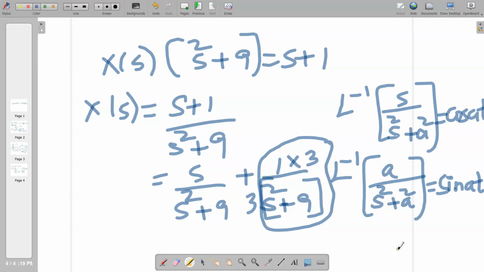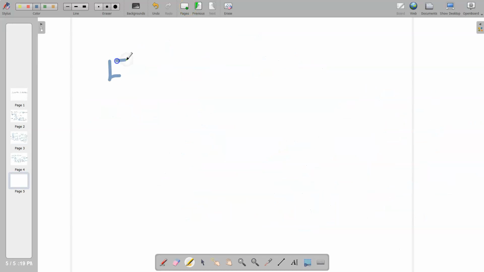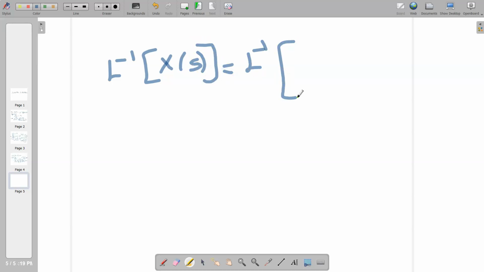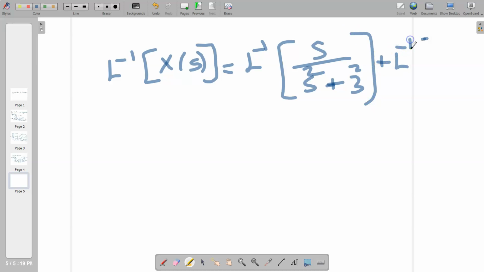Okay. So, using these two formulas, now apply your inverse Laplace transformation. On the left hand side, L inverse of X of s. On the right hand side, L inverse of s by s square plus 9, where 9 is nothing but 3 square, and then plus L inverse of 3 by 3 into s square plus 3 square.